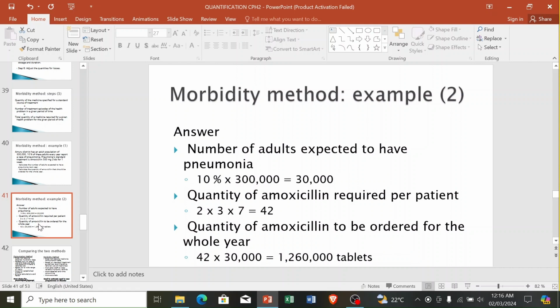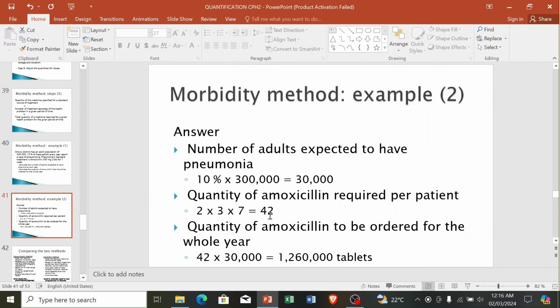For this specific case, we are considering the one which has 250 milligrams. That is why there is a 2 here, multiplied by 3 times 7, giving us 42.